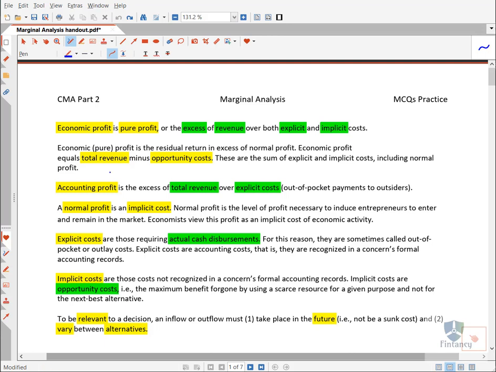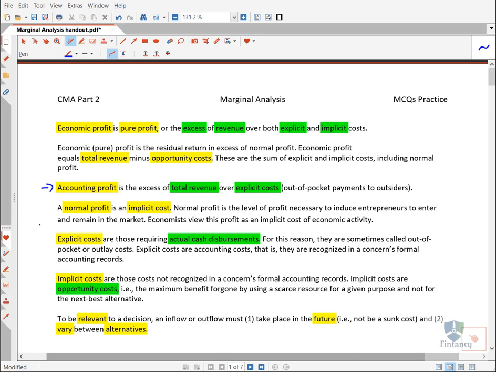Very simple. Accounting profit you know very well, right? What is accounting profit? Accounting profit is what you get in the income statement. It is total revenue minus all the cost of sales, your selling and admin expenses, right? Which are also called out-of-pocket payments to outsiders. And also they are called explicit costs.